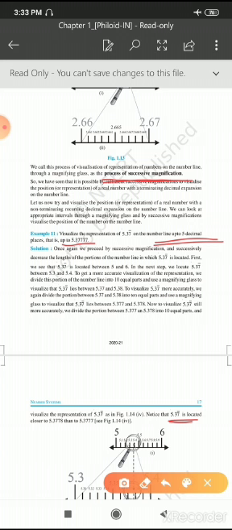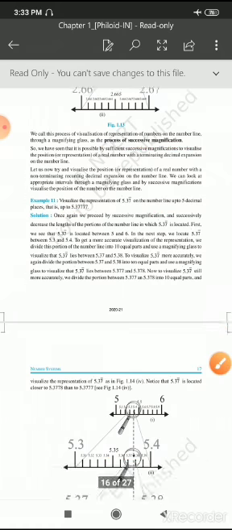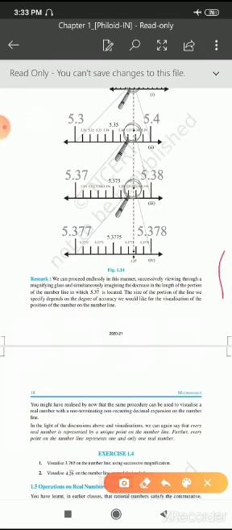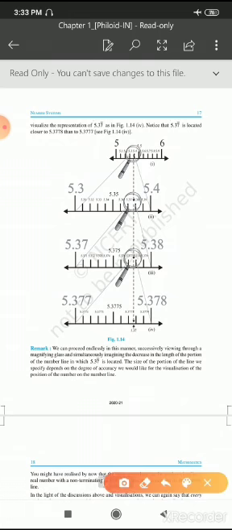So that should be represented on the number line by using the process of successive magnification. First of all, take the whole number part, 5.3. 5.3 lies between which two whole numbers? It lies between 5 and 6. So take 5 and 6. The place between 5 and 6 will be divided into 10 equal parts: 5.1, 5.2 and so on.